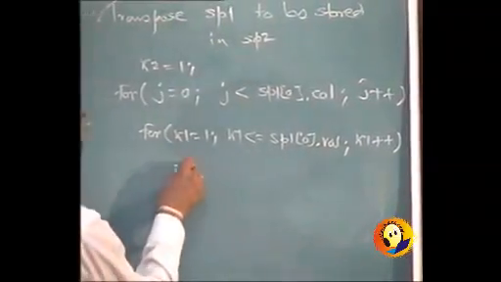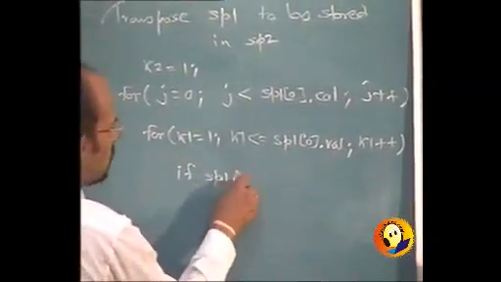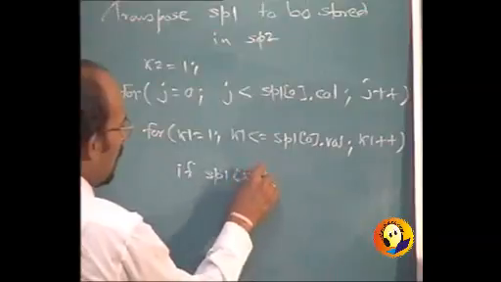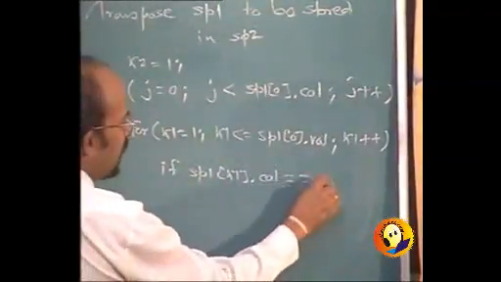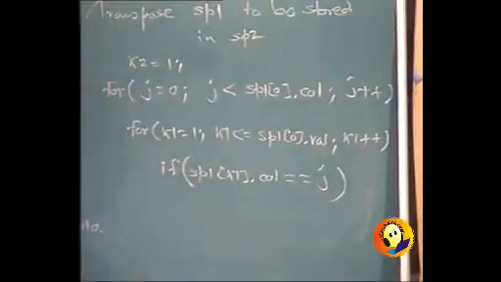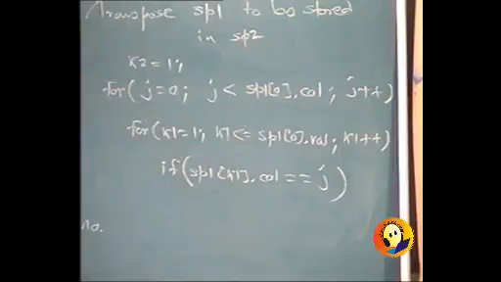Okay, if SP1[K1].column is equal to j, like initially j is 0, so I am searching for 0, and whenever it matches, that should be copied to SP2, whereas row number should go as column number and column number should go as row number.